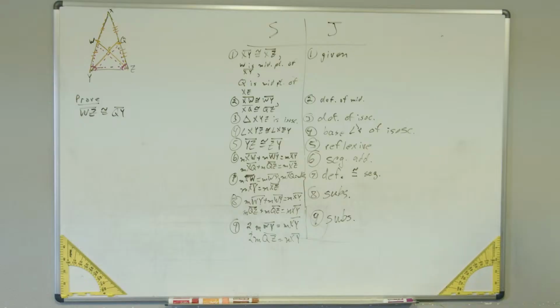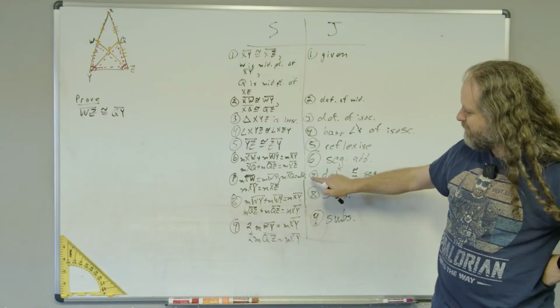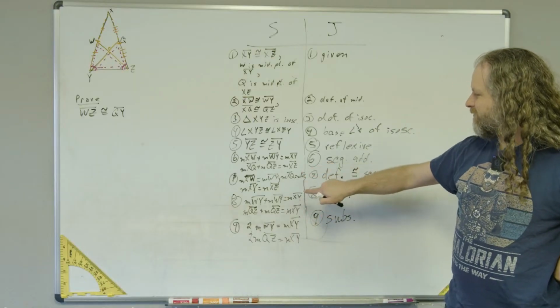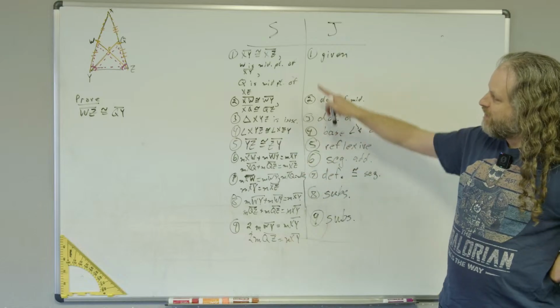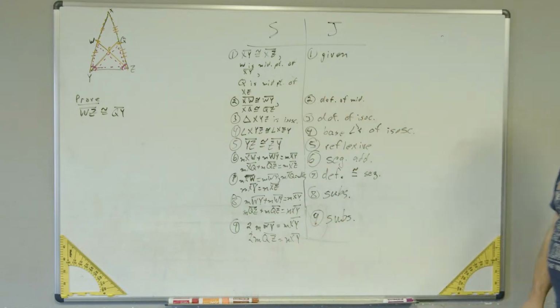Now what could we do? These are both equal to XY now, right? Because we substituted XY in for XZ because they're congruent. So these are both equal to XY, so what can we do with them?